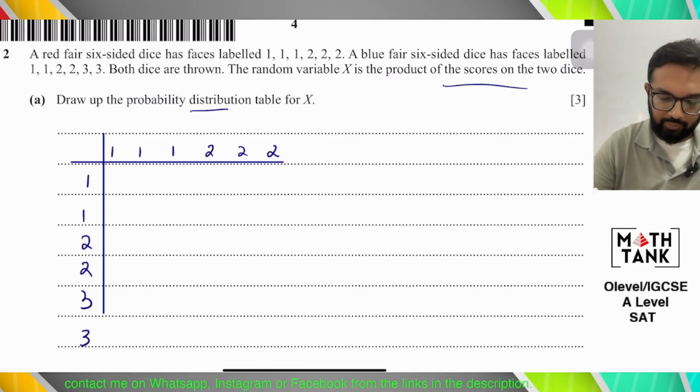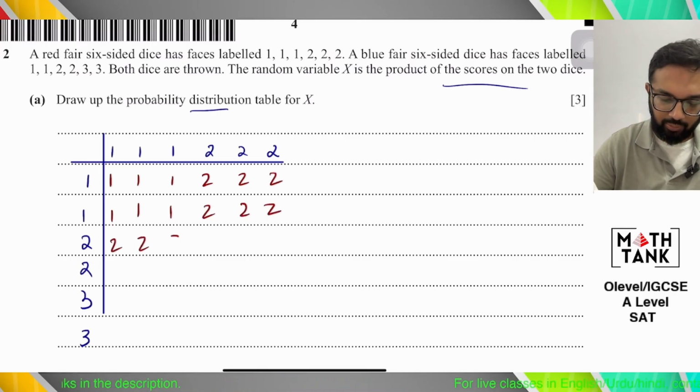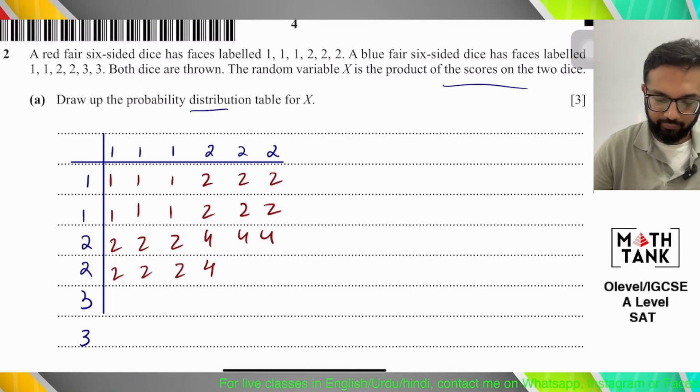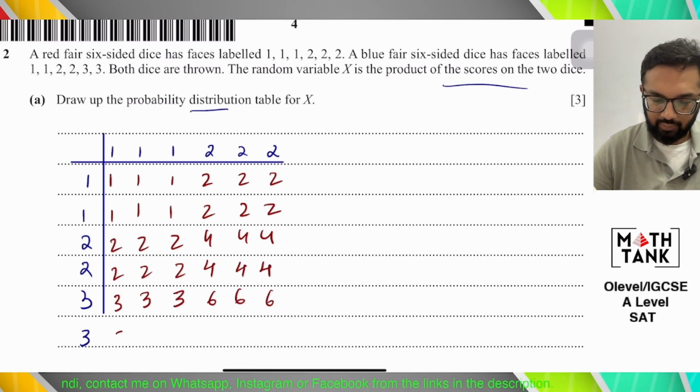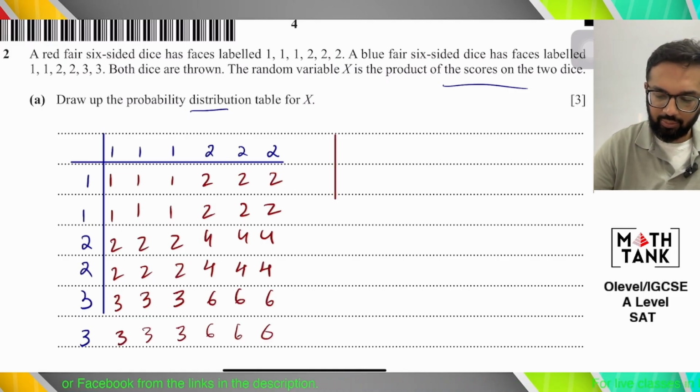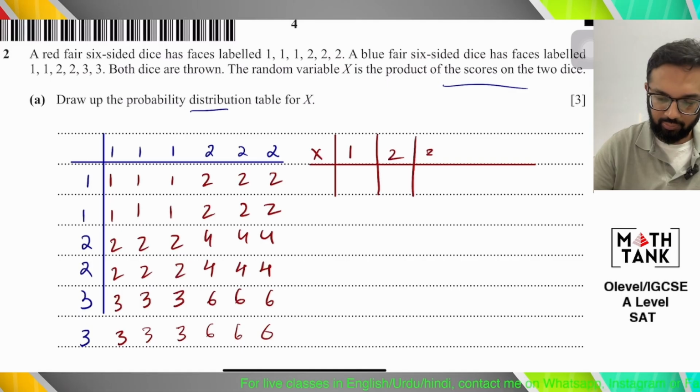Okay, so what are the outcomes? 1 times 1, 1, 2, 2, 2, 1, 1, 1, 2, 2, 2, 2, 2, 2, 4, 4, 4, 2, 2, 2, 4, 4, 4, 3, 3, 3, 6, 6. So the probability distribution table will have x as the product of the two scores. The product can be 1, 2, 3, 4, 6.